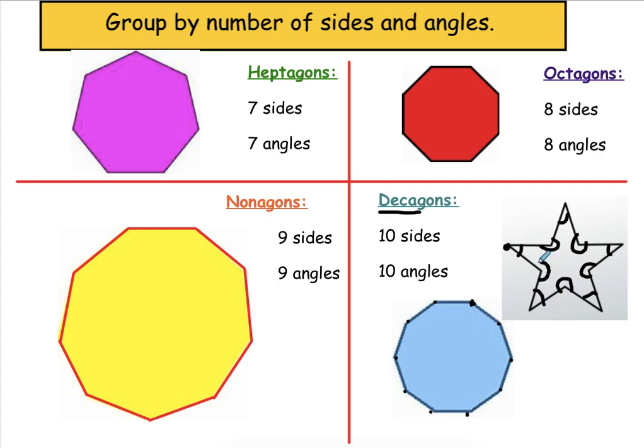Now it has to be the number of angles inside the shape. Many kids get confused and think we're talking about this angle. No, it has to be inside the shape. So I just included this so that you can see that this star is also called a decagon because it has 10 sides and it also has 10 angles.